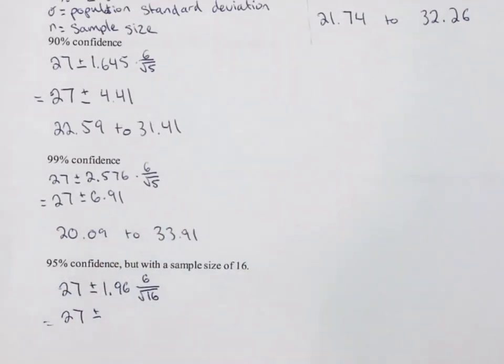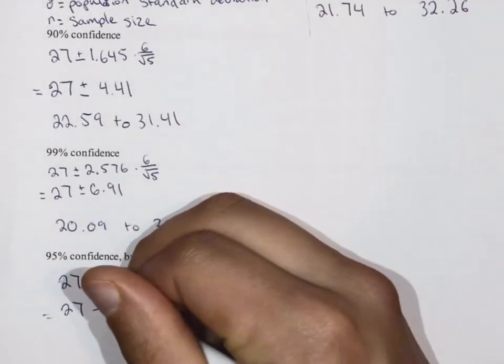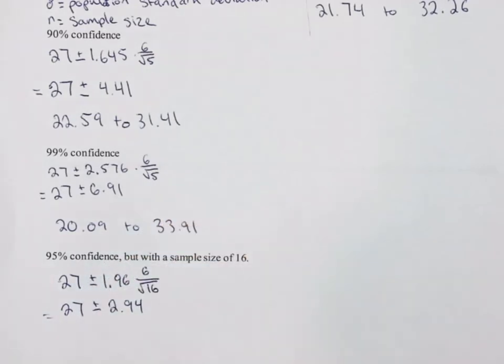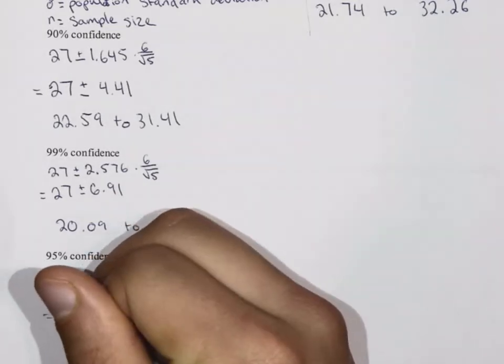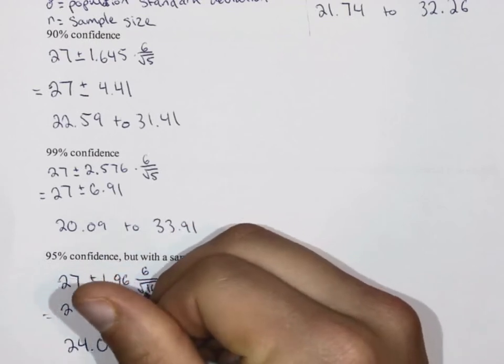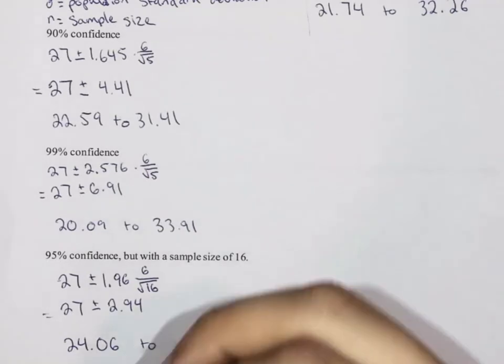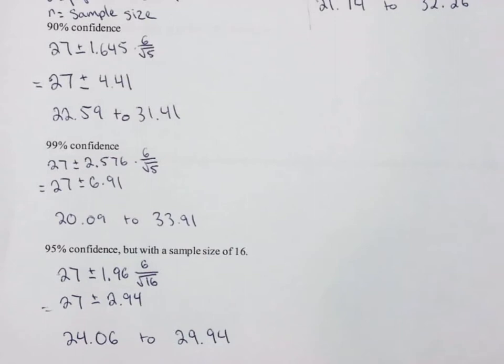We get a confidence of 27 plus minus 2.94, or a range of 24.06 to 29.94.